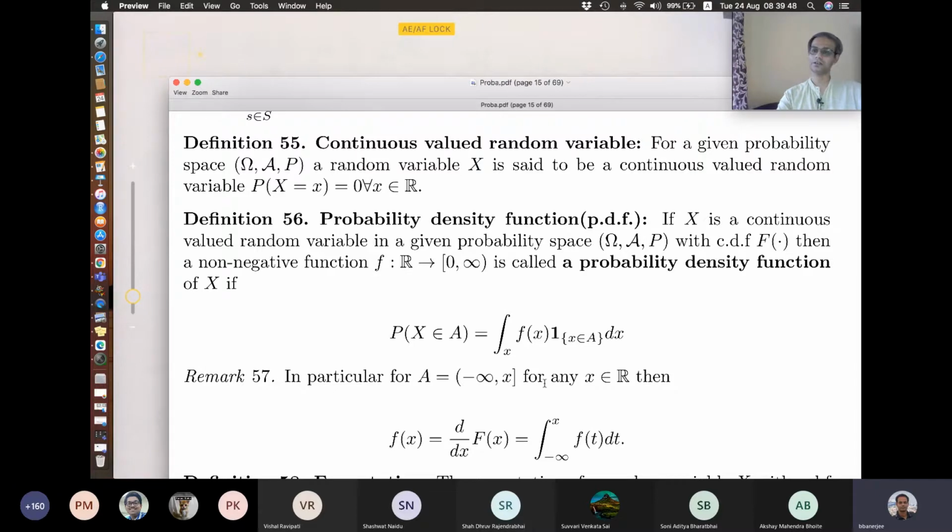Absolute continuity is a stronger notion than usual continuity, and absolute continuity implies differentiability. So here we define the continuous valued random variable with the help of the probability: if F_X(x) equals F_X(x minus) for all x, then we say that it is a continuous valued random variable.